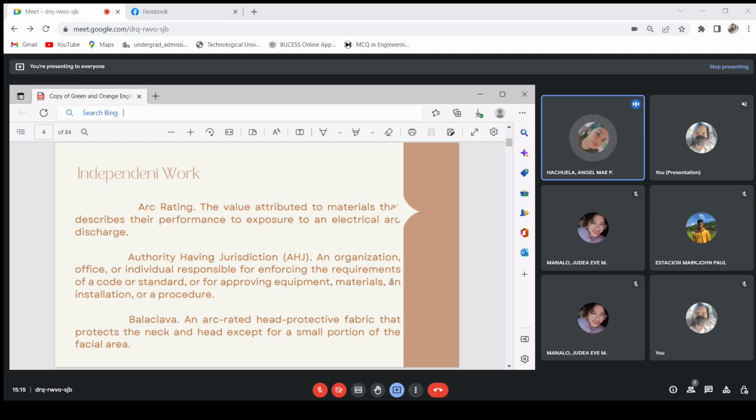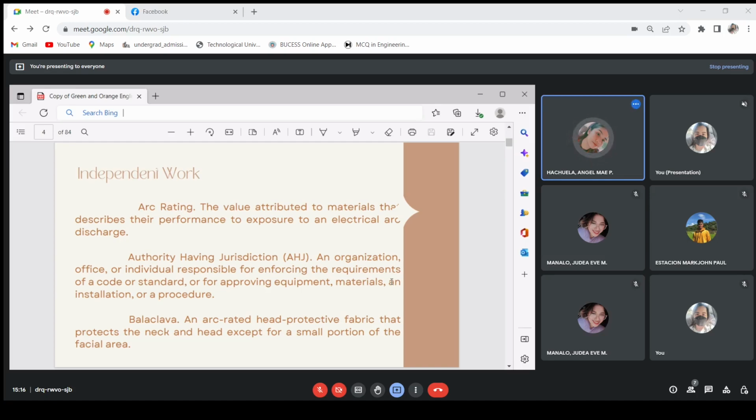Jurisdiction means the official power to make legal decisions and judgments. We know that public safety is primary, so the authorities having jurisdiction may be federal, state, local, or other regional departments, or individuals such as a fire chief, fire marshal, fire prevention bureau, labor department or health department official, electrical inspector, or others having statutory authority.